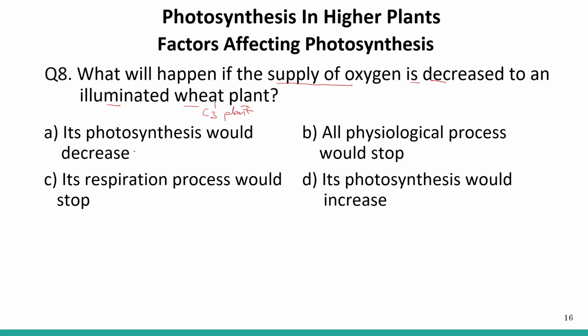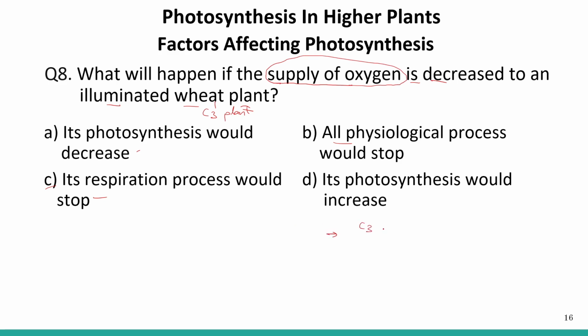Its photosynthesis would decrease. Okay, second option is, all physiological processes would stop. Third option is, its respiration process would stop. Fourth option is, photosynthesis will increase. Okay, now they are saying, if the supply of oxygen is decreased, alright, then what will happen?